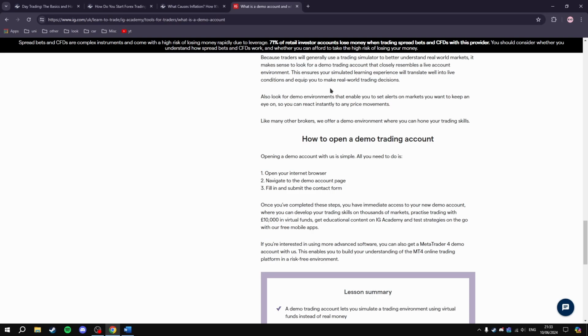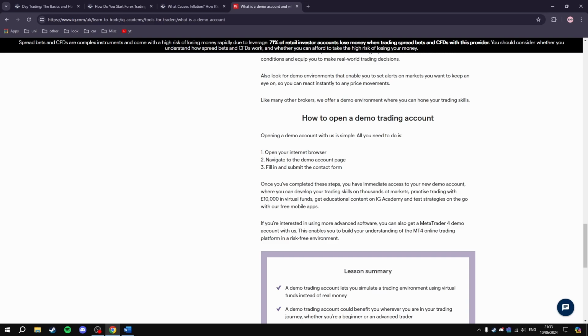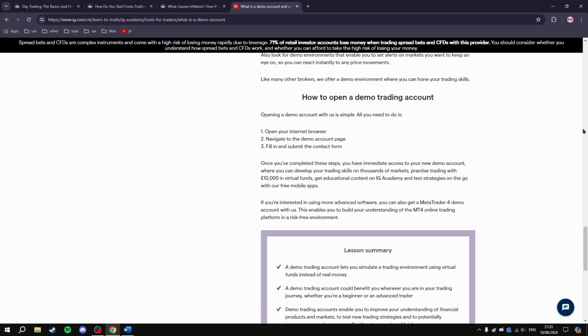And you want to make sure that the demo trading account closely resembles a live account environment, because that's the whole point of using a demo account, to simulate real life live account environments. So it makes sense for the two to be similar. Also look for demo environments that enable you to set alerts on markets you want to keep an eye on, so you can react instantly to any price movements.